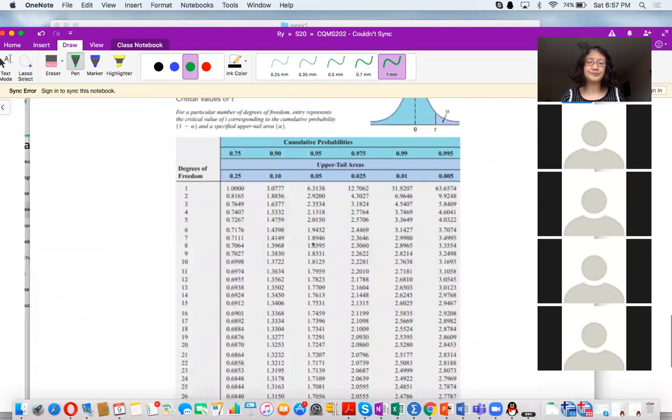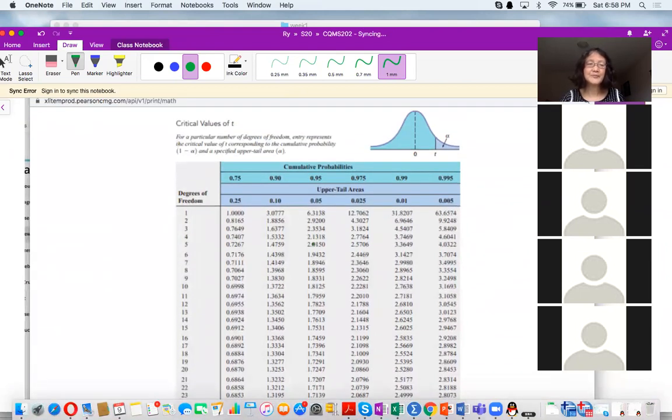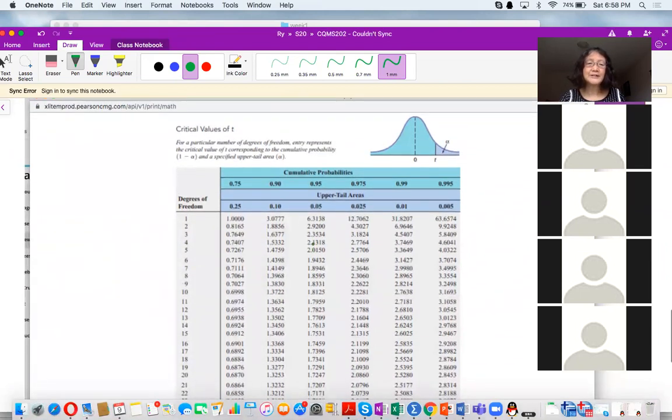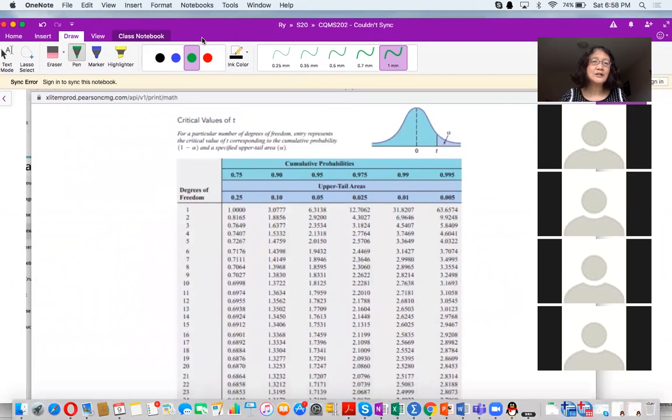This table here. The T distribution is also similar to bell-shaped, but it's not that perfect a bell shape. Okay, you can assume it is bell-shaped.